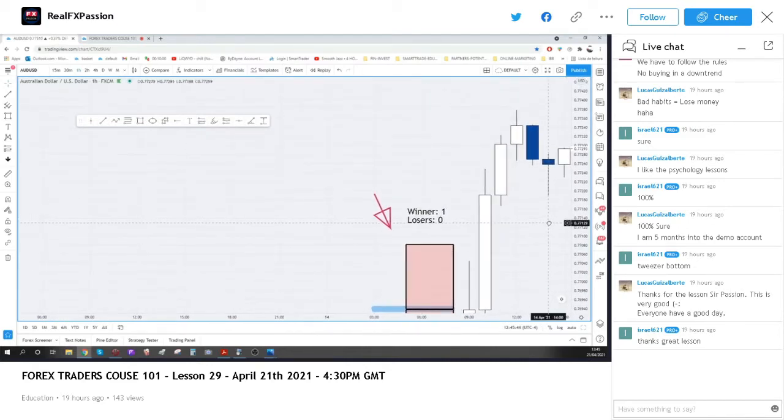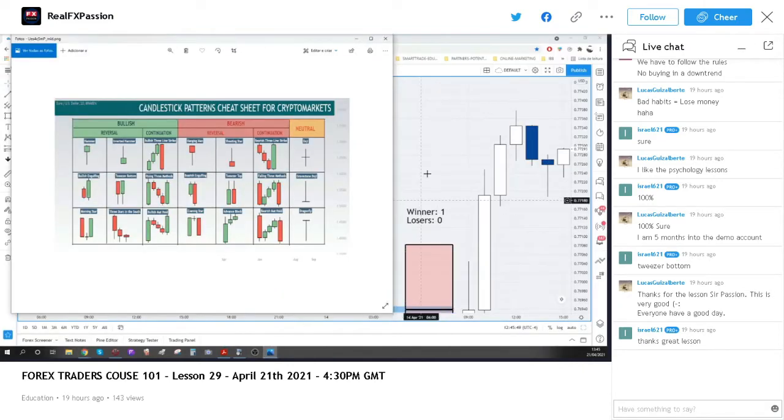Let's take a look on this one, right? And here is the picture. The last 3 candles, everybody, is this or is this not a bullish candlestick formation? What do you think? You can say yes, you can say no, you can say I don't know.